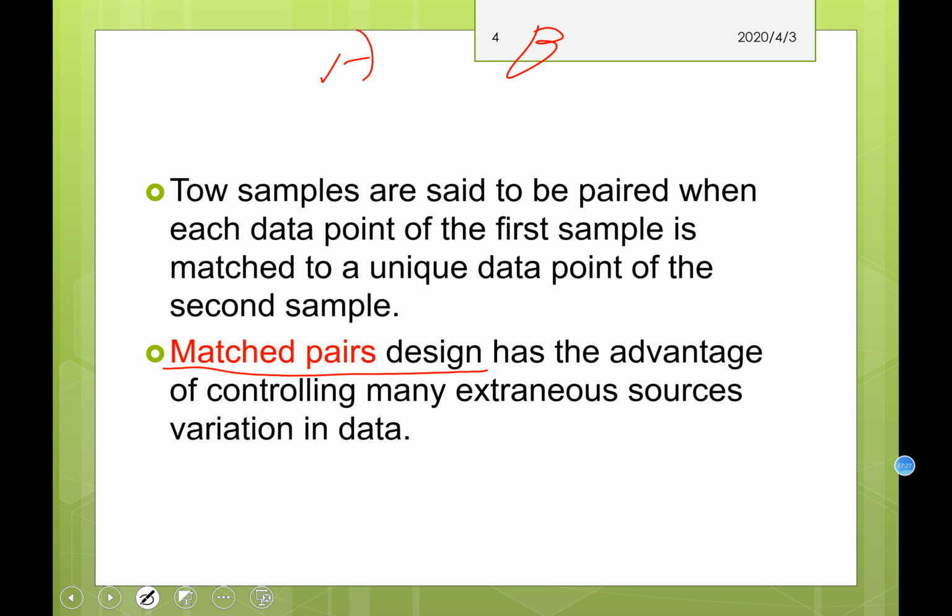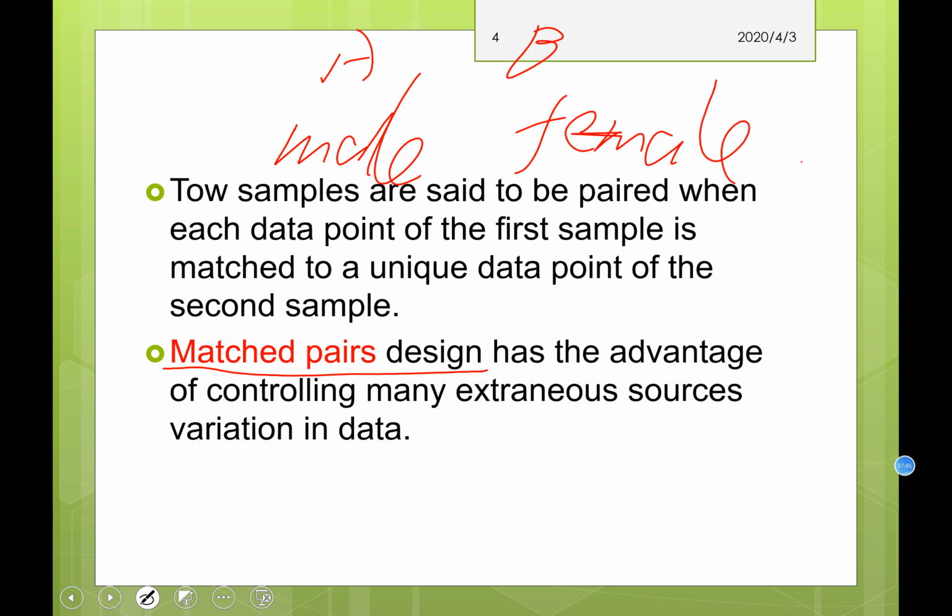But we find that most of the patients in sample A are male, but in sample B, all of the patients are female. And the number in sample A is 100 and the number in sample B is 200. Does that mean drug A is more useful than B? Do you believe that? No, we don't believe that, right?